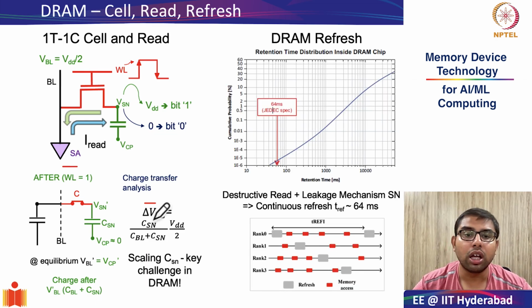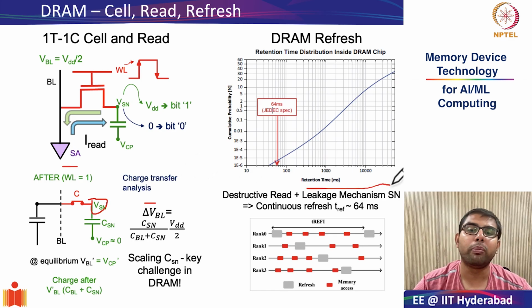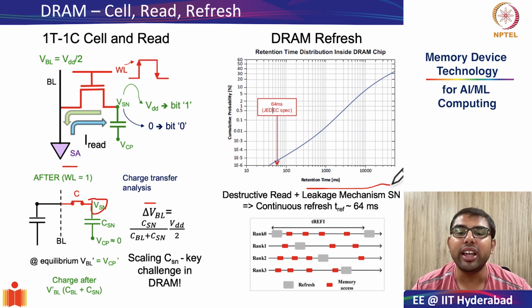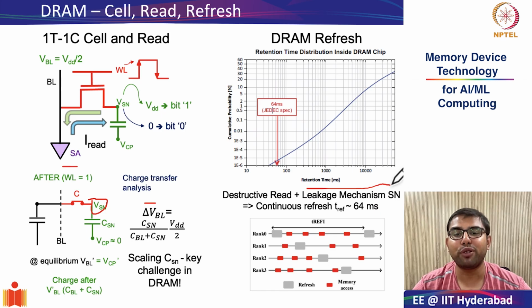Also, we saw that in addition to this destructive read, and even during hold, the several leakage mechanisms from the storage node create a need for continuously refreshing the data. How do you figure out what should be the refresh rate?